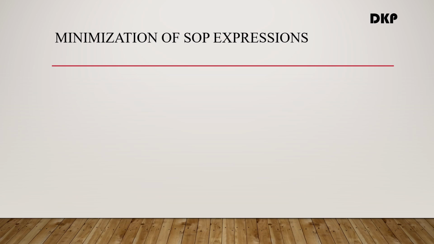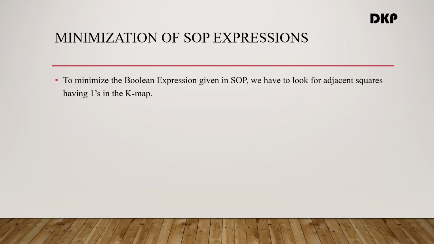Minimization of SOP expressions. To minimize the Boolean expression given in SOP form, that is sum of the product form, we have to look for adjacent squares having ones in the K-map. The Boolean expression can be in SOP form or POS form, that is product of sum form.